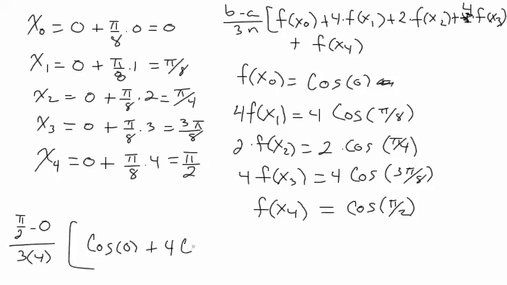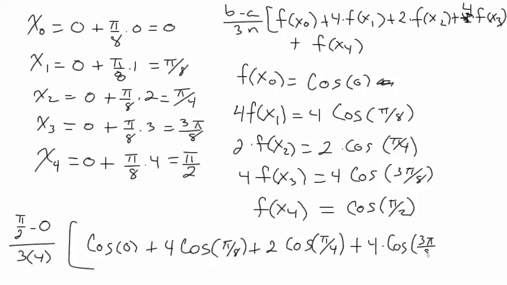Hopefully you do. Plus 4 times cosine of pi eighths, plus 2 times cosine of pi fourths, plus 4 times cosine of 3 pi eighths, and then I can squeeze in the last one, cosine of pi halves. Alright, close that off.